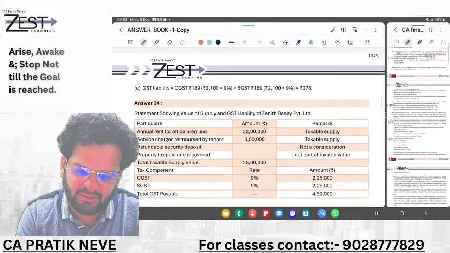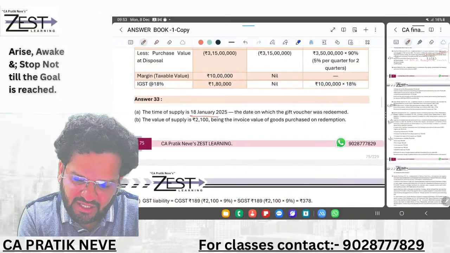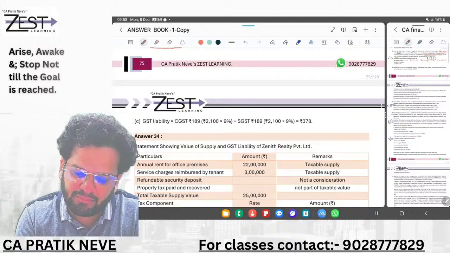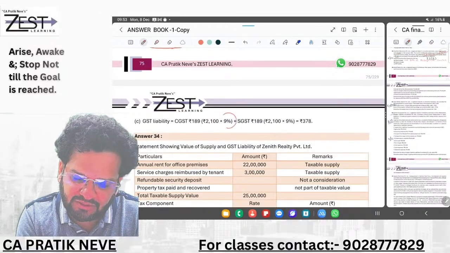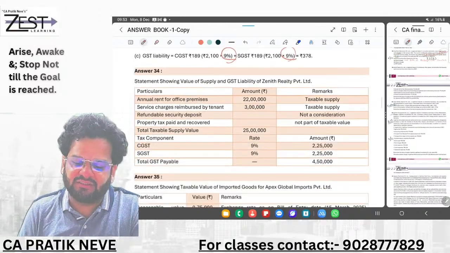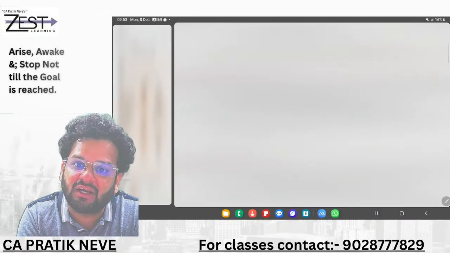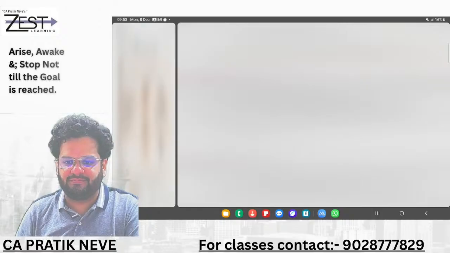Yes, see this: 18 Jan is the time of supply, 2,100 is the value of supply of the voucher, and GST liability is at 18%, that is the rate of GST on those goods which are purchased against that voucher.